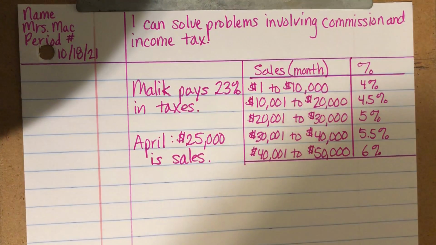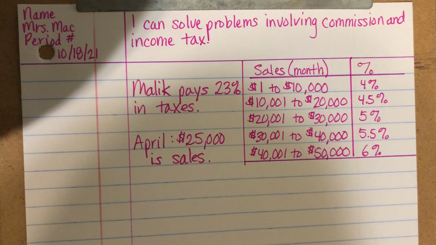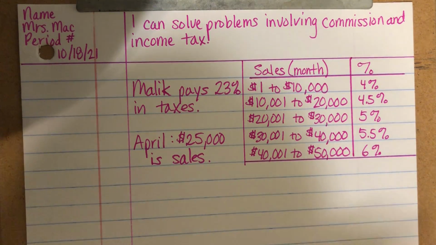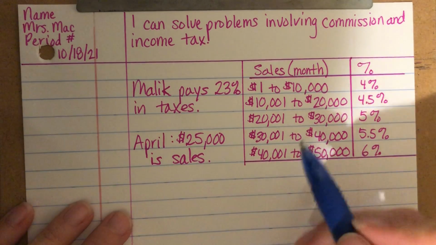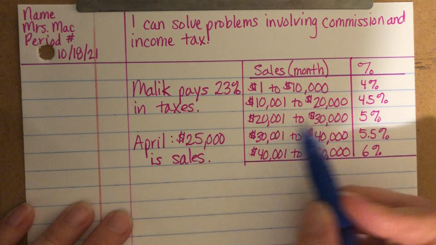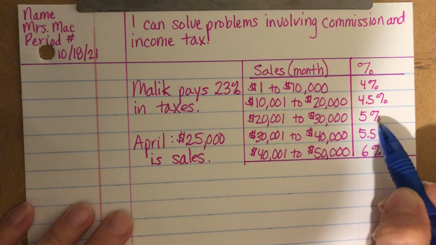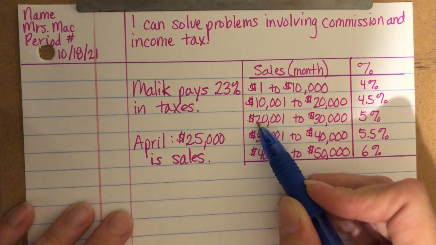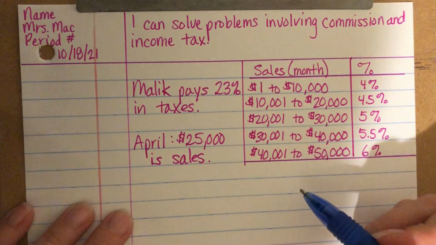Okay, so what we're going to do is we're going to set this up. First of all, the commission rate is going to be 5% because she sold between $20,000 and $30,000.